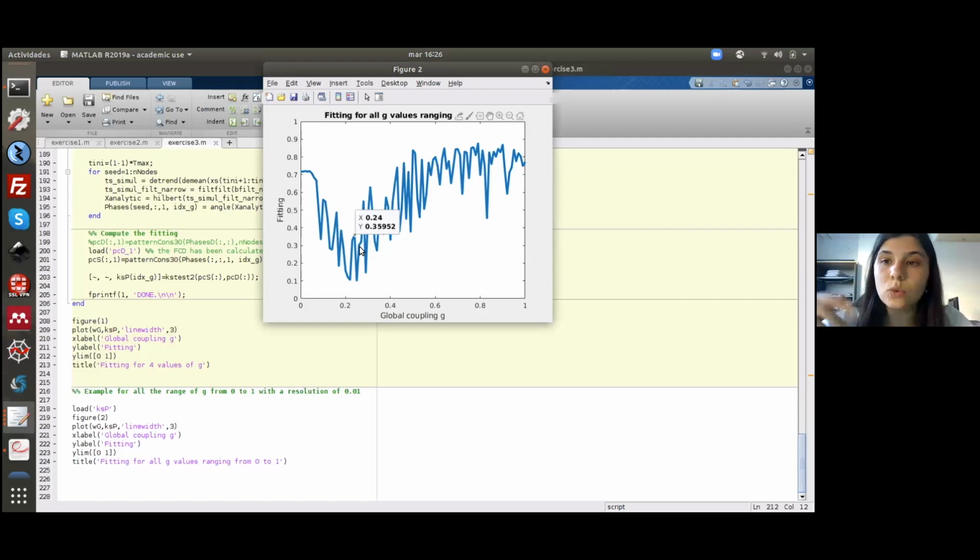So the best thing is to run the model many times, so this way we can have a good approximation of the fitting. But you can see here that in the range between 0.2 and 0.3 we have the minimal values of the distance. So this way we can extract the optimal coupling for this individual, doing many more trials.